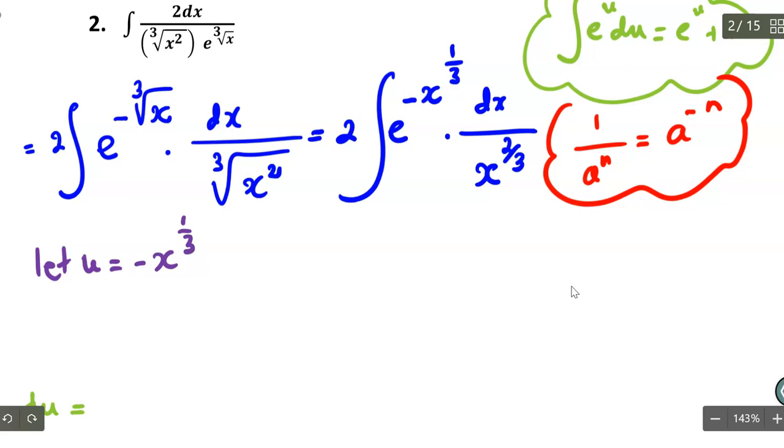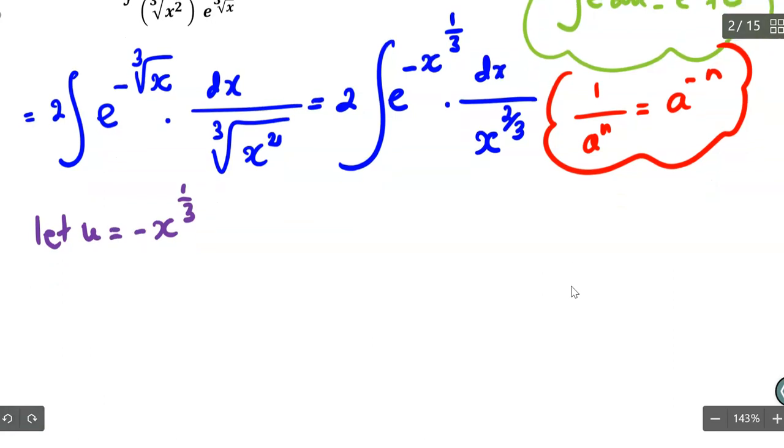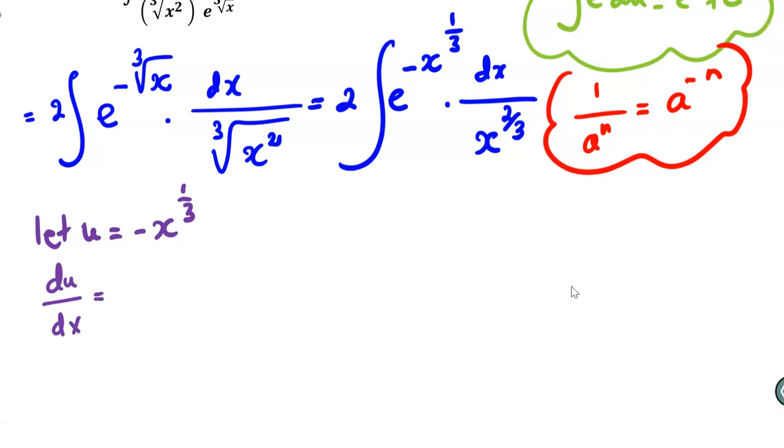When I've done this, it means that I am going to differentiate. As soon as you let u equal to something, the very next step is to take the derivative of u. So for the derivative of u, I will write du over dx. Here I will take the exponent multiplied by the coefficient in front of x.